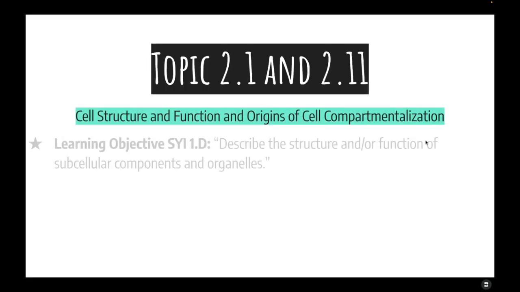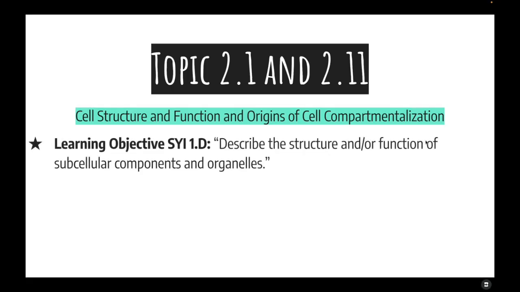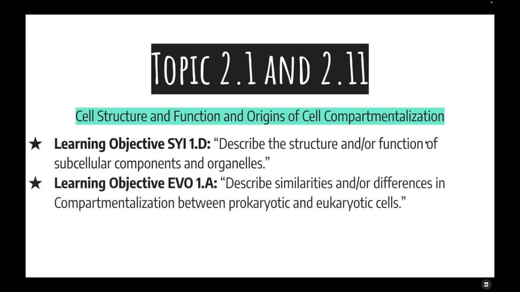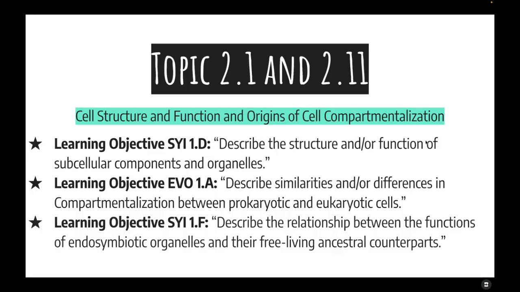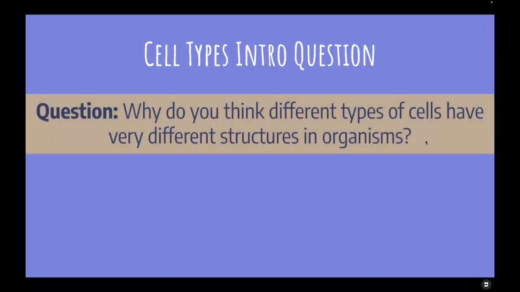All right, and then just to go over the objectives, today we're going to discuss the structure and function of cellular components and organelles. We're going to describe similarities and differences between prokaryotic and eukaryotic cells. We're going to describe the relationship between the functions of endosymbiotic organelles and their free living ancestral counterparts. So we're going to talk about the ancestry and where cells came from.